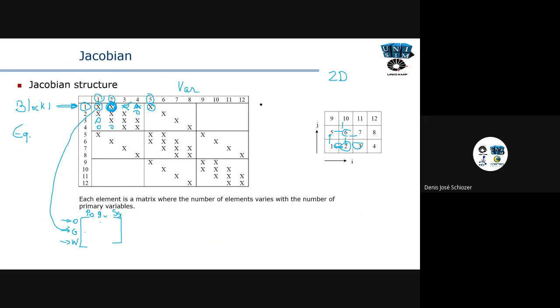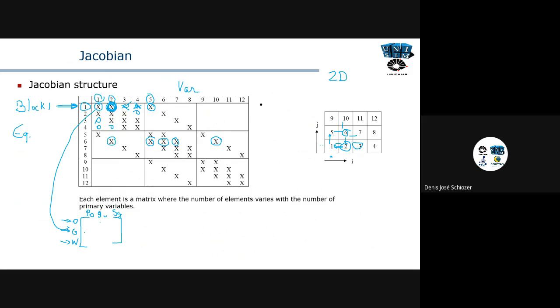For example, let's assume block 6 here. Block 6 is a neighbor of block 2, block 5, block 7, and block 10. That's why we have 5 terms here. And the same thing happens to all the blocks, except, of course, the blocks that are on the borders, because block 1 does not have a left border or the other side here.